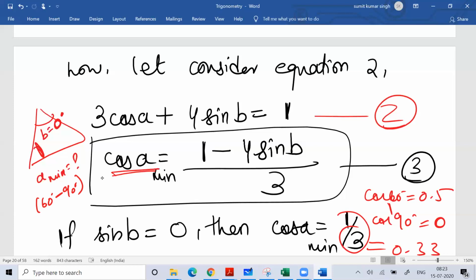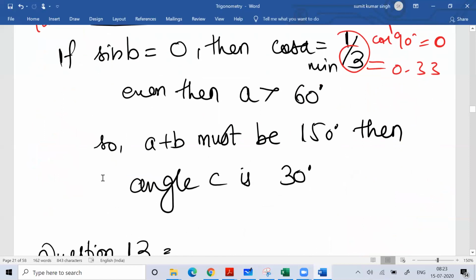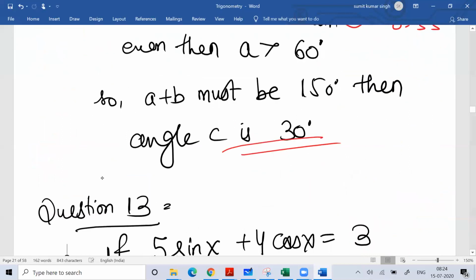So in any case the sum of A plus B cannot be 30 degree. That way the value of angle C cannot be 150 degree. So ultimately you can cancel the first case. Then you can say A plus B is 150 degree, so your angle C is equal to 30 degree.